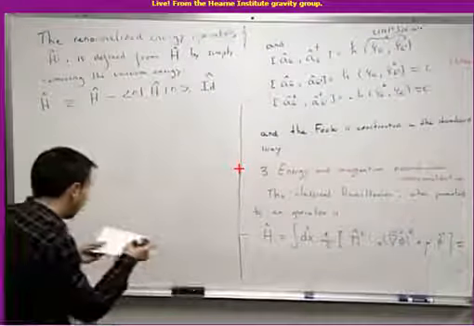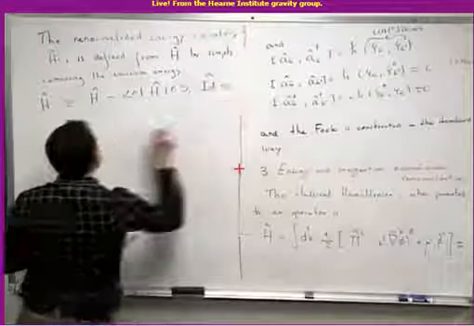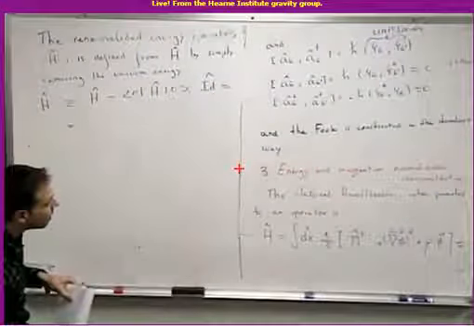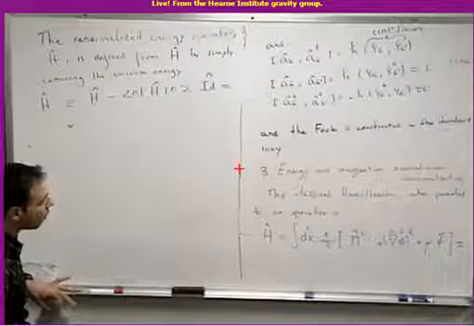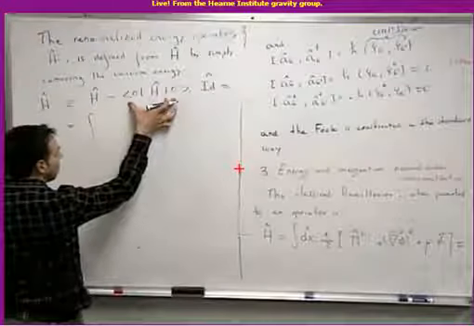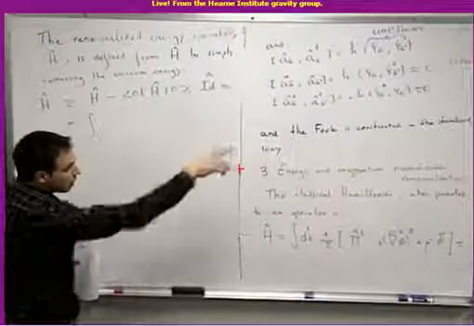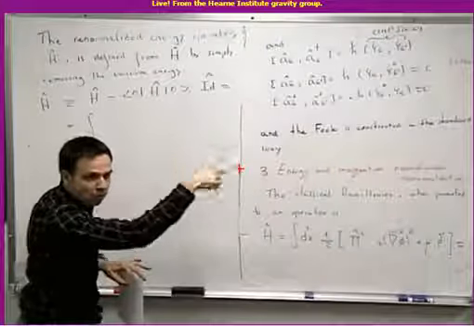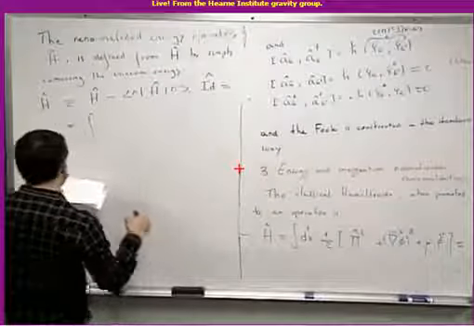So this is a well-defined operator. If you go to our old expressions, you can see that all this term is doing is removing the term that we have with the commutator of A and A dagger, removing this 0-point energy of each oscillator.